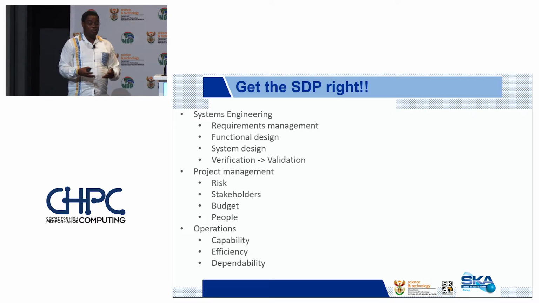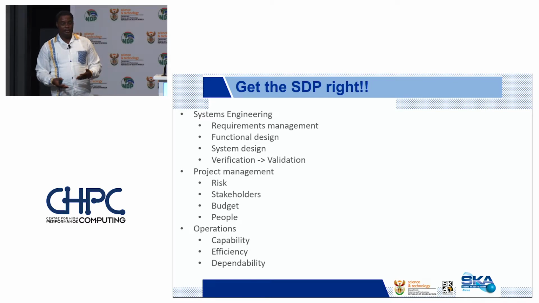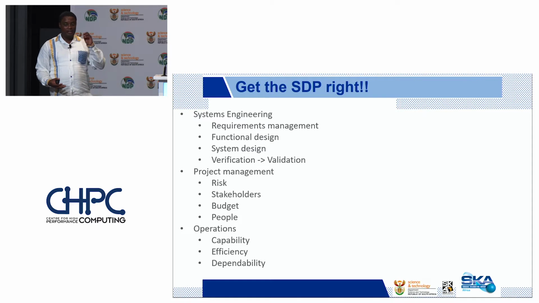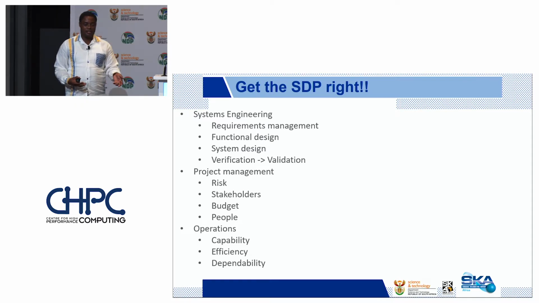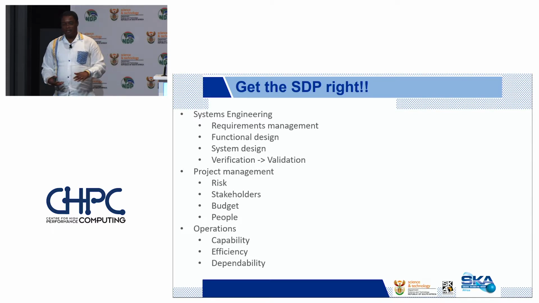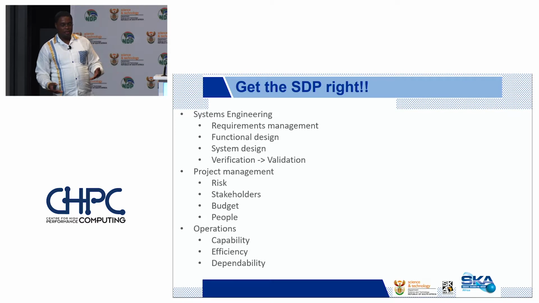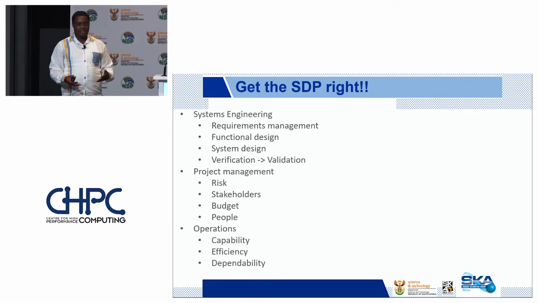Functional design: what are we going to give you? What is this thing going to do? The feel you have of the telescope comes out of the science data processor. Systems design: what are we going to do to make this thing happen? As part of the things we discuss in there, the verification and validation thereof.